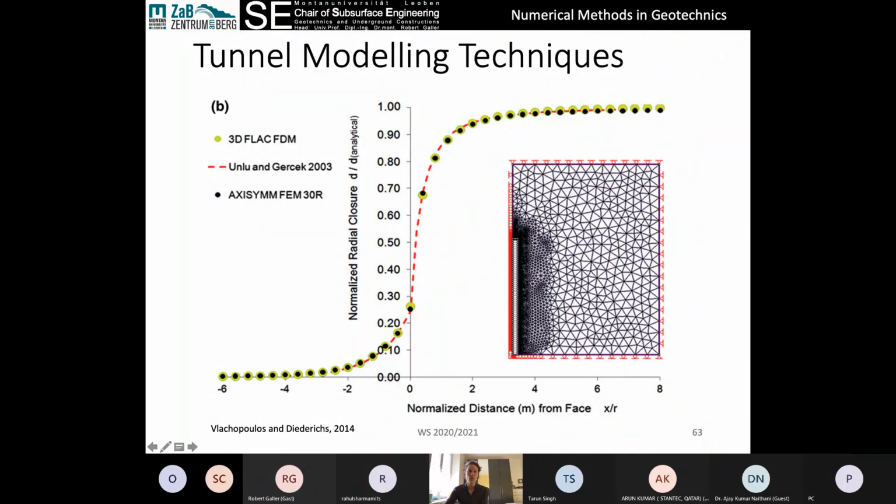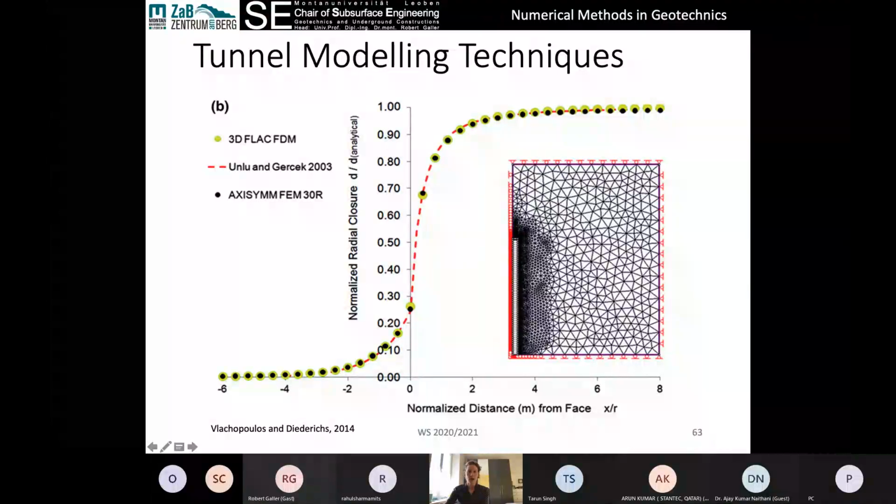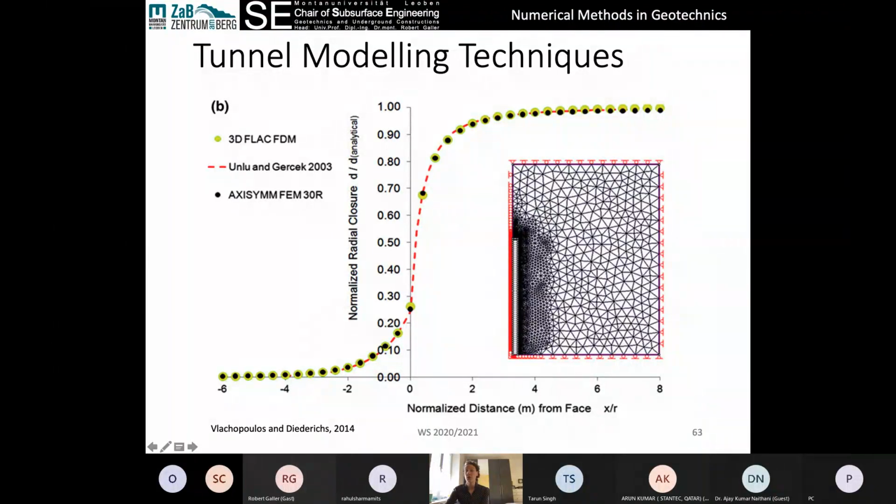So this is 6 radii, so 3 diameters ahead of the tunnel, no deformation. 4 radii ahead of the tunnel, no deformation. 3 radii, we start getting a little bit of deformation. That's somewhere out here in front of the tunnel face. It's already feeling that the excavation is approaching.